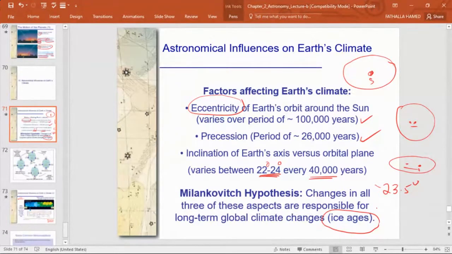But if you put in more, you will be trapping more heat, and the temperature may rise. And if it rises, then the polar caps, north and south, can melt. And if they melt, of course, the water level will rise, and we will lose dry land. So that's connected to our human activities. But there are things that do happen naturally because of how the Earth is moving.